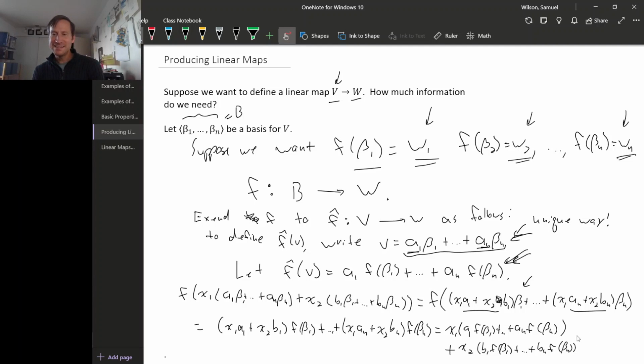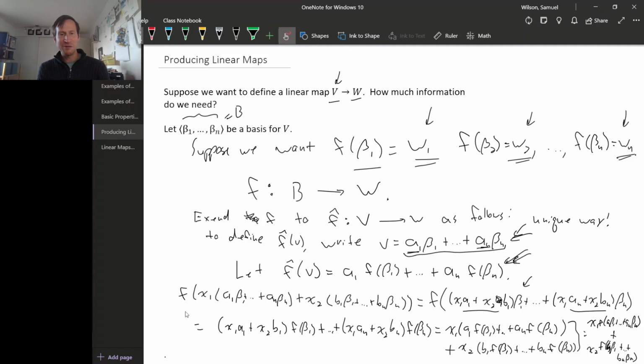And this is equal to x1 f of a1 beta 1 plus dot dot dot up to an beta n plus x2 times f of b1 beta 1 plus dot dot dot plus bn beta n.